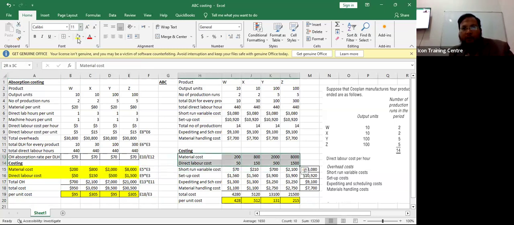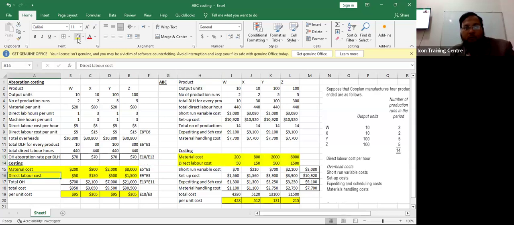It is absolutely the same. Am I right or wrong? When we use absorption costing or when we use ABC costing, the material cost and direct labor cost are absolutely the same. No difference at all. But when it comes to overhead, you can see the difference.